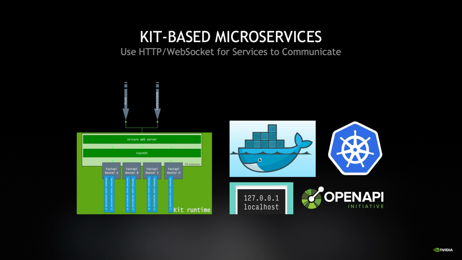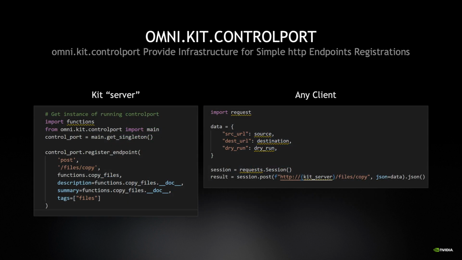We've simplified the access to this technology by building extensions inside Kit that make it really easy for you to expose any code that you have as a microservice entry point and be able to talk to a remote Kit leveraging this. On the right-hand side, you see that from any application, not necessarily using our API, you're able to do traditional HTTP requests to interact with those Kit microservices running anywhere in your data center.